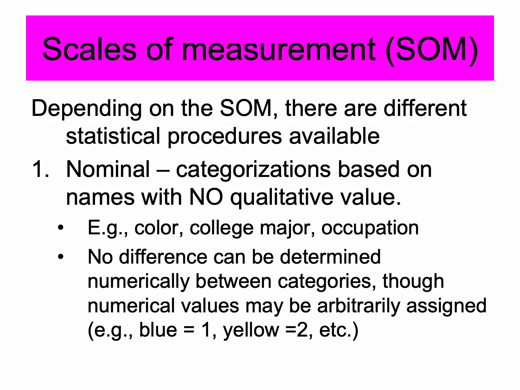And you can't really determine a numerical difference between those categories, though you might assign numerical values arbitrarily to different groups, right? We do this all the time: treatment group 1, treatment group 2, treatment group 3, right? But those numbers 1, 2, and 3 that we're assigning don't have any numerical value. We might assign colors, right?